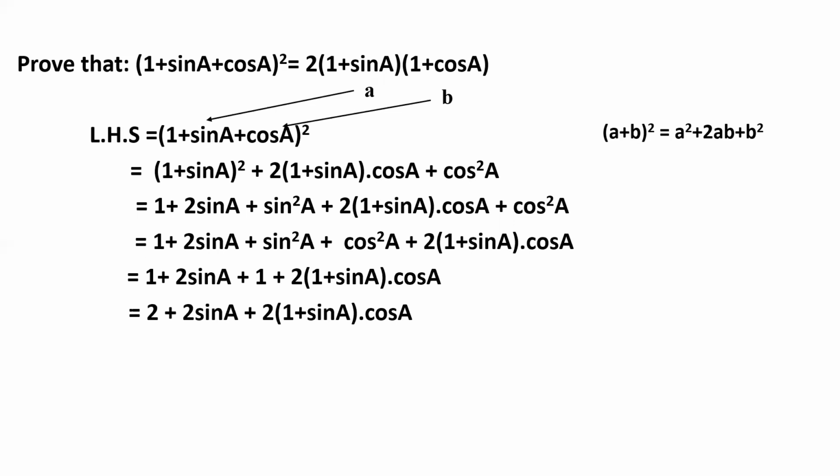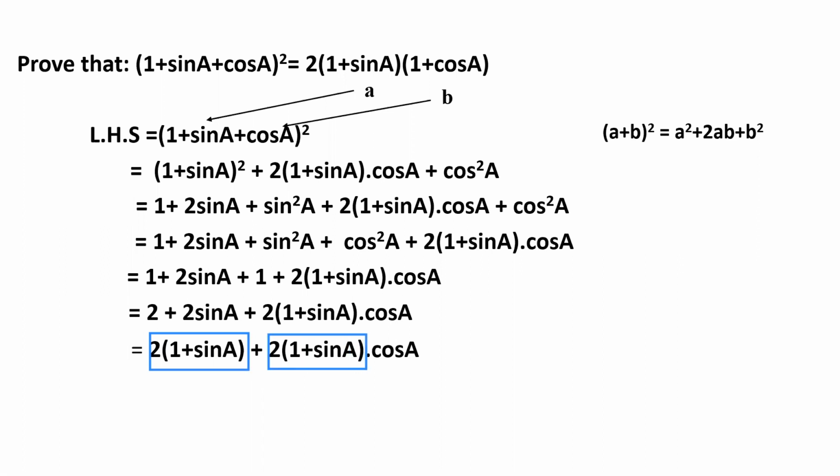Now look at the first two terms, 2 plus 2 sin A. Can I take a common? And 2 is common. If I take 2 common, then 1 plus sin A will remain, plus 2 (1 plus sin A) times cos A. Now that's a very important thing. Let me just show you here. Can you see this part? It is 2 (1 plus sin A), and here is also 2 (1 plus sin A), right?